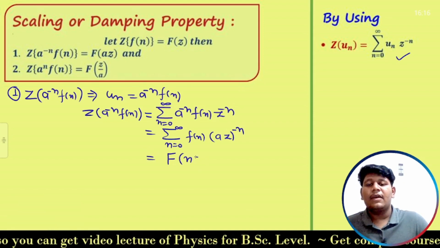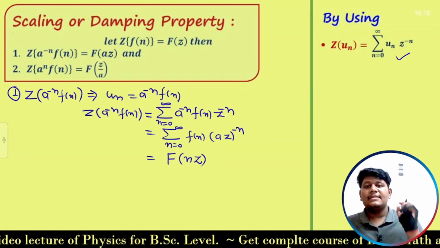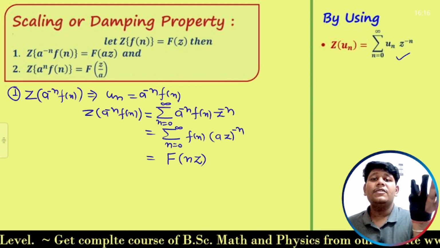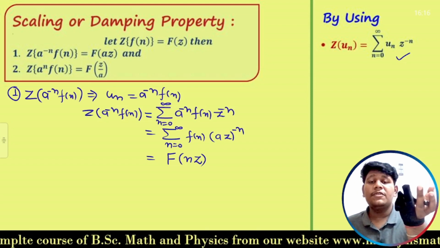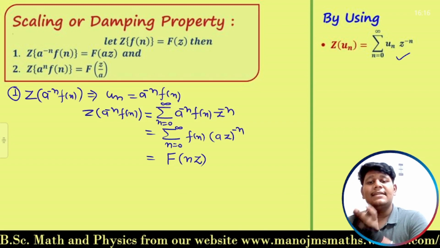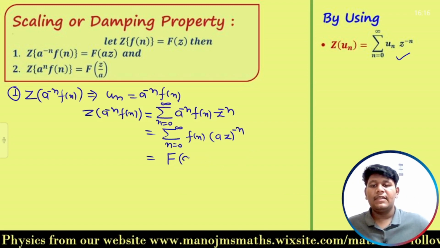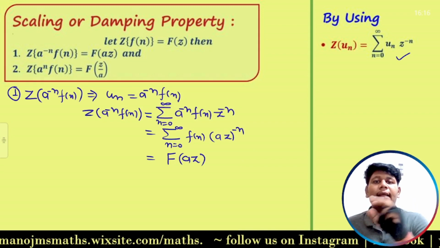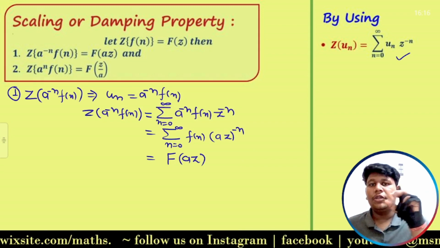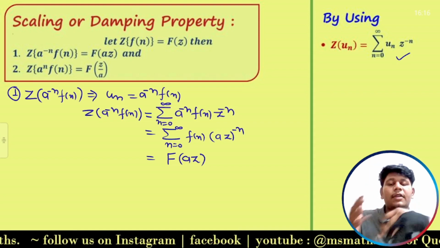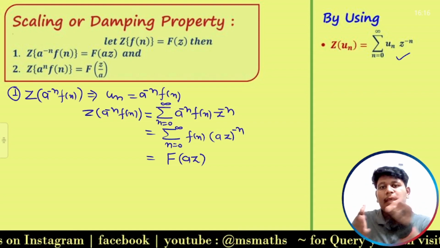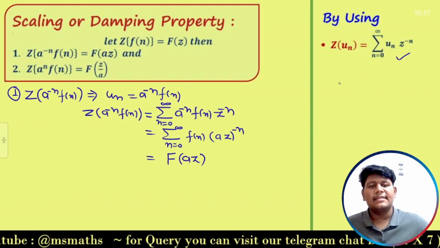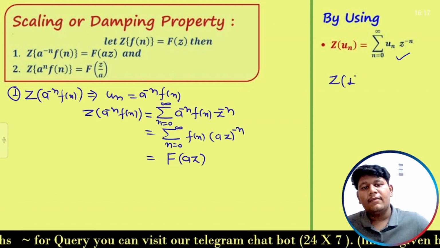It means if you have a power minus n in the multiplication, then in the transformation of the function you can multiply all the z with a. If you have a power n multiplied with a function, then in the transformation you divide z by a, in the denominator, like this. I'm just taking an example, z1.